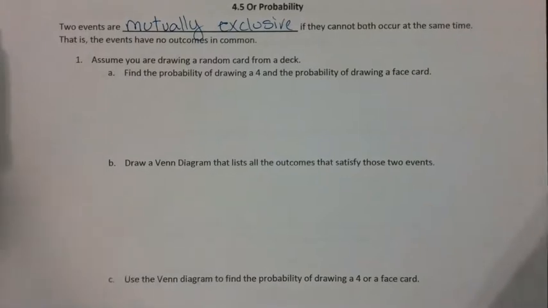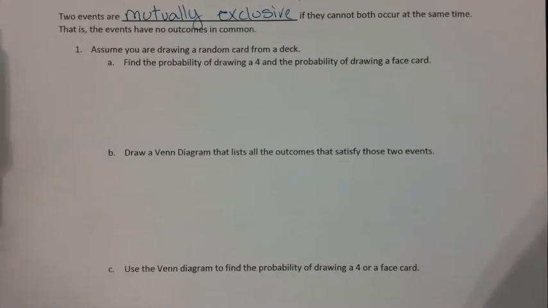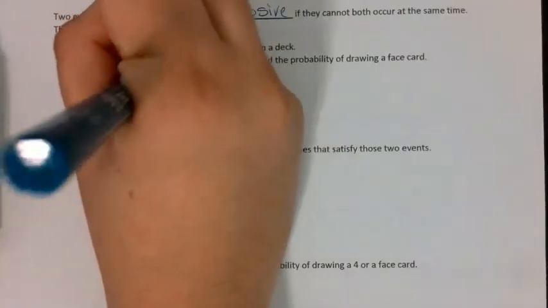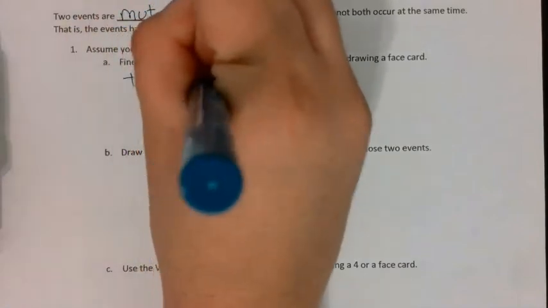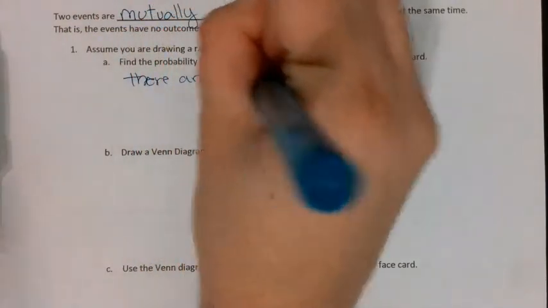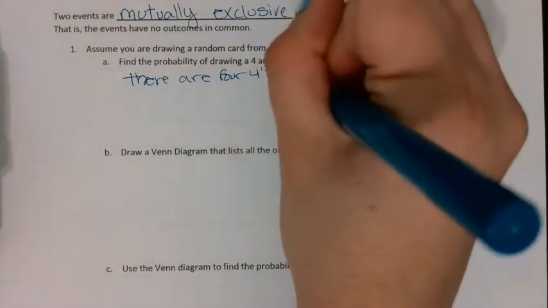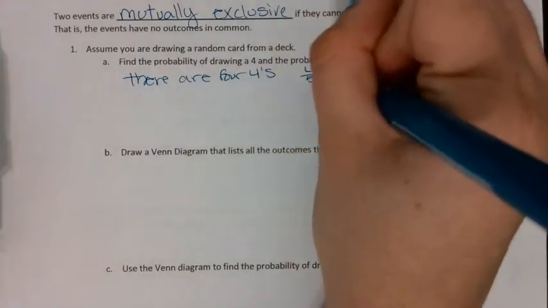If I take a look at number 1, it's asking me to find the probability of drawing a 4 and then just separately find the probability of drawing a face card. There are 4 4s, so there is a 4 out of 52 chance, which simplifies to 1 over 13.